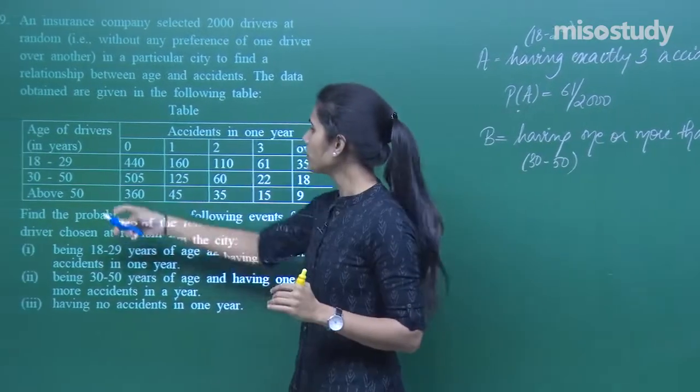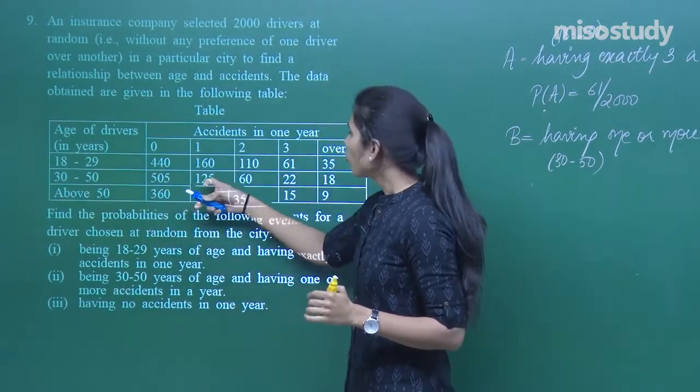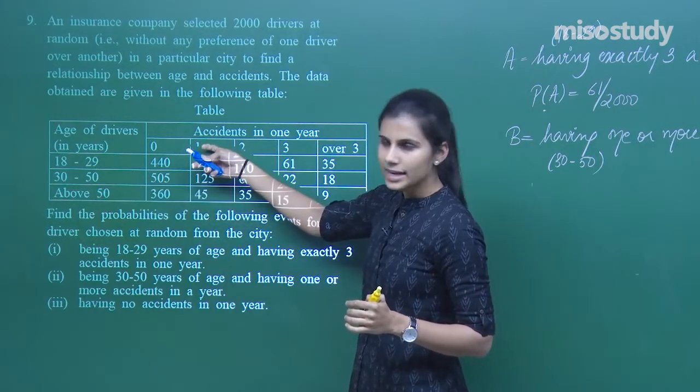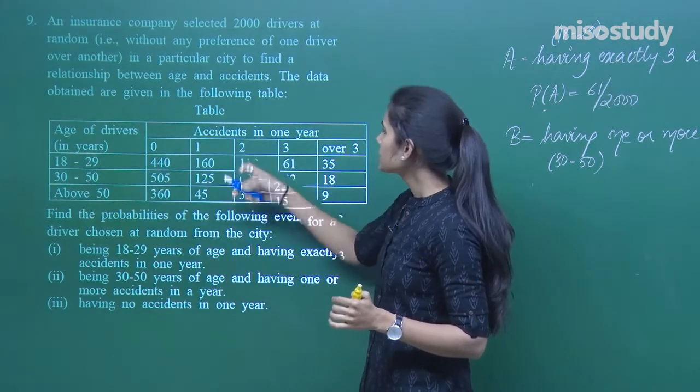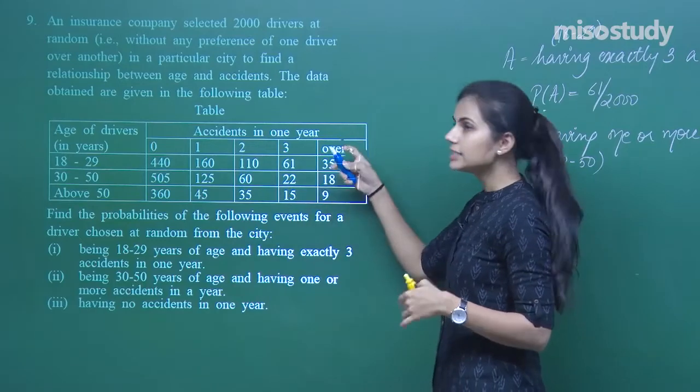If you are in the age group 30 to 50, 125 are being exposed to 1 accident, 60 are being exposed to 2, 22 to 3 and 18 are above 3.